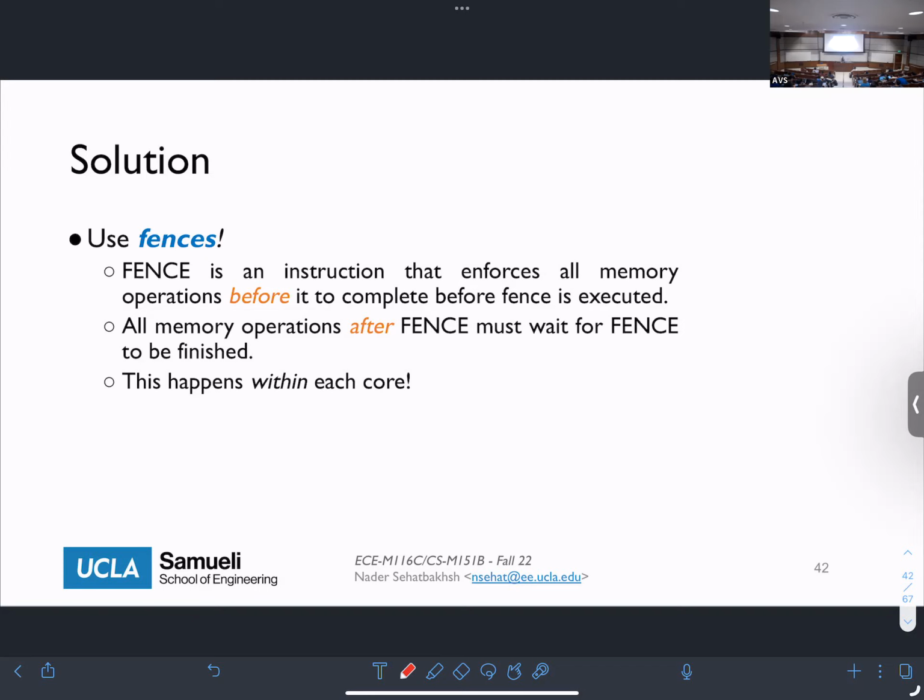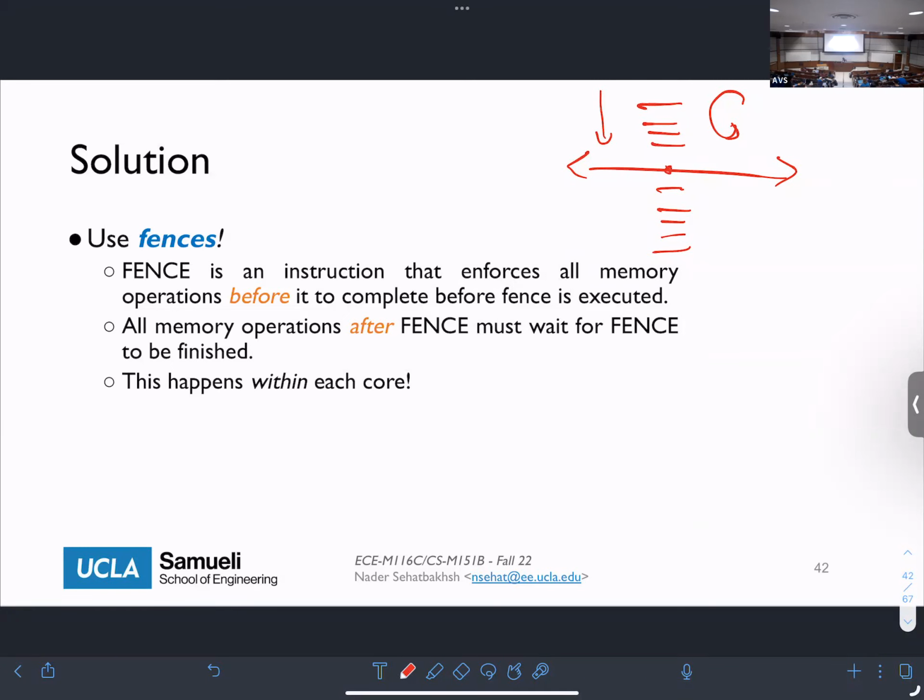So if I have a sequence of instructions and I have a fence, which is literally an instruction, and I have a bunch of different instructions around it, it basically says, I don't care what you are doing here. You have loads and stores, you want to move things around, do it. When it reaches the fence, all these things should be finished.